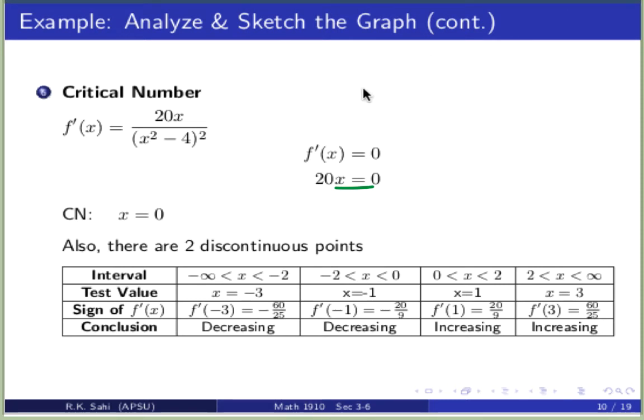Let's do it again. 0 is the critical number, and we have 2 discontinuous points because that's where the function is not defined. So that's minus 2 and 2.